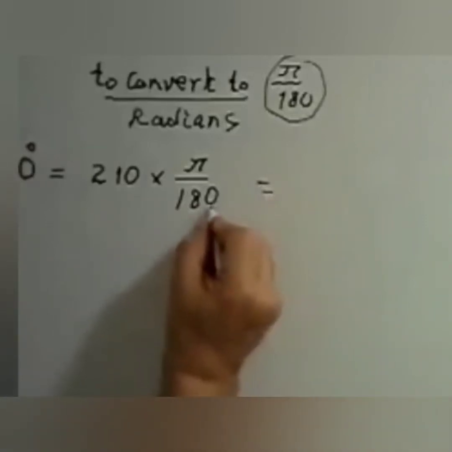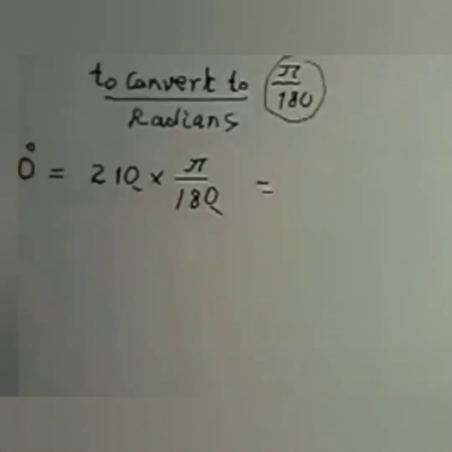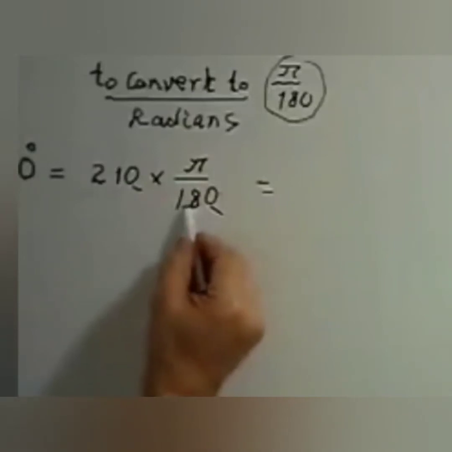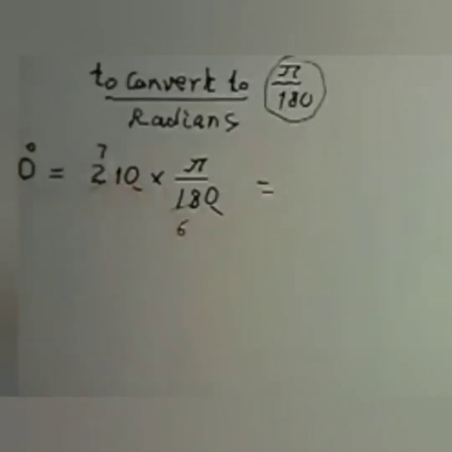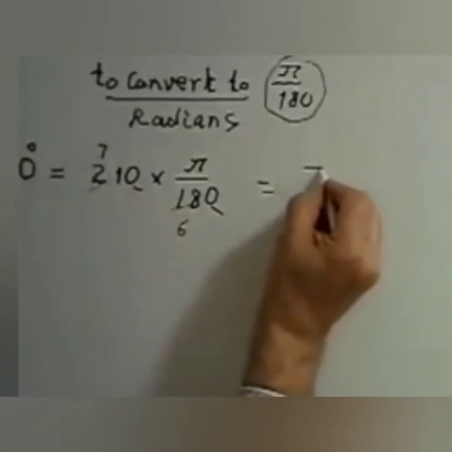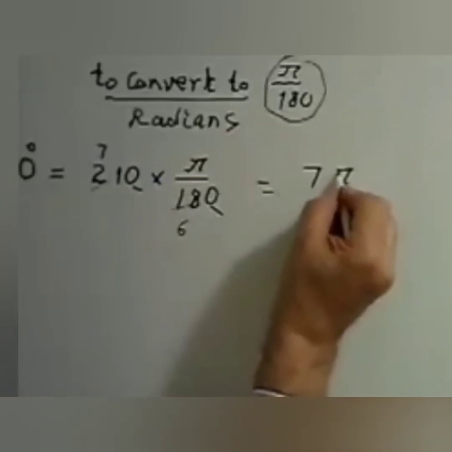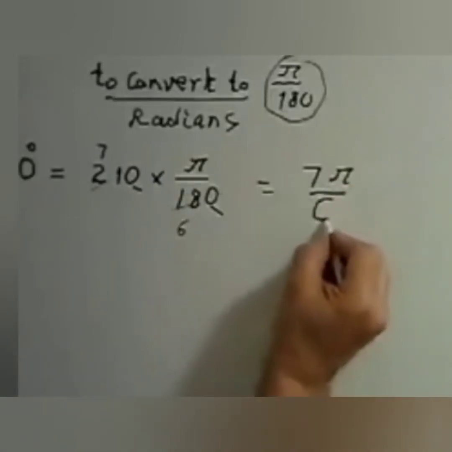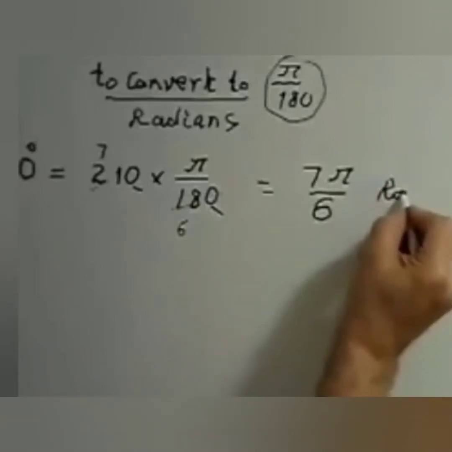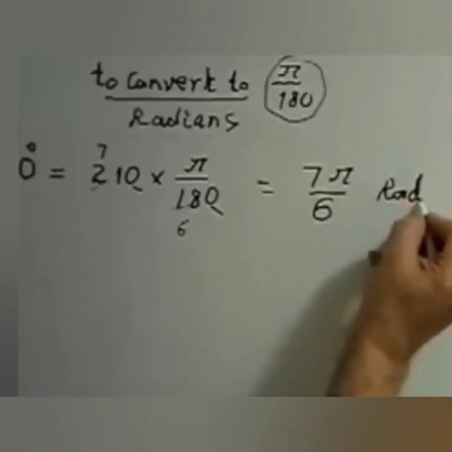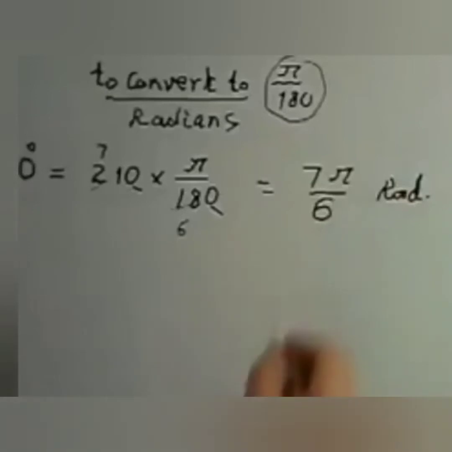Here you can cancel 0 with 0 and divide by 3: here it will be 6, and here it will be 7. So it will be 7 pi over 6. That's in radians, which is written in abbreviation RAD.